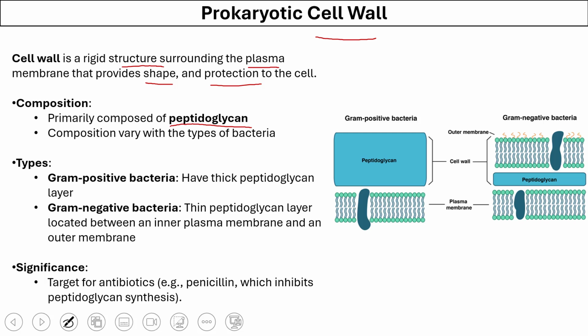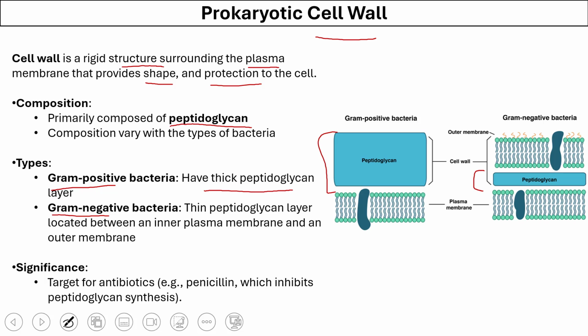Based on the type of cell wall present, the bacteria can be of two types: gram-positive, the bacteria which stain positively with the gram stain, or gram-negative, the bacteria which do not take up the gram stain. The gram-positive bacteria have thicker peptidoglycan, like you see here, whereas the peptidoglycan layer is very thin in the gram-negative bacteria.